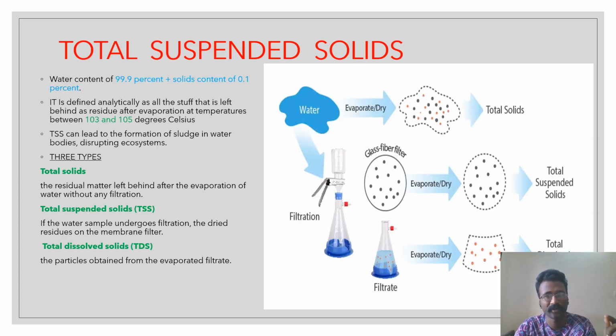Let's see about total suspended solids. A normal wastewater content is 99.9% water and 0.1% solids. In that 0.1%, the solids are defined as the things which remain after complete evaporation.